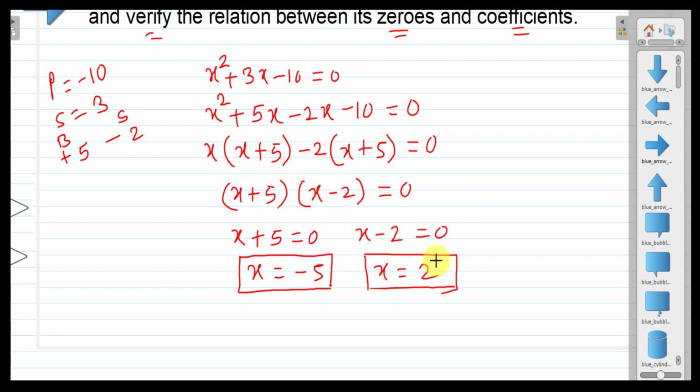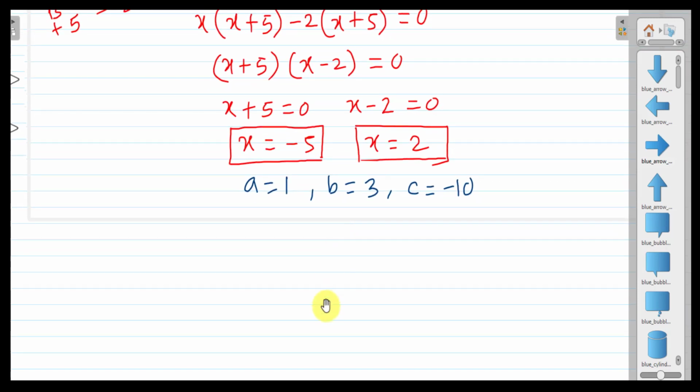Now here a is equal to what? A is the coefficient of x square, so it is 1. B is what? Coefficient of x, that is 3, so b is equal to 3. And c is equal to what? It is the constant term, that is minus 10. Now here we can verify the sum of the zeros.